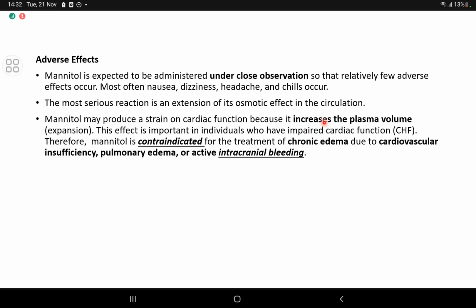For edema, the ideal treatment is trying to reduce the plasma volume, isn't it? But for this treatment, we call it contraindicated because it is going to increase the plasma volume. So it is not suitable for certain conditions. When you want to use this drug, be careful. Think twice before you use it.